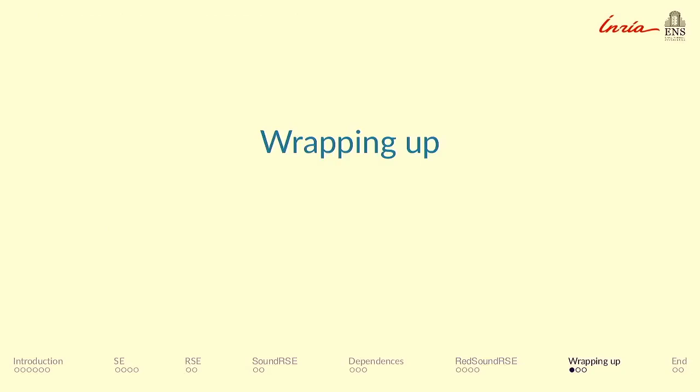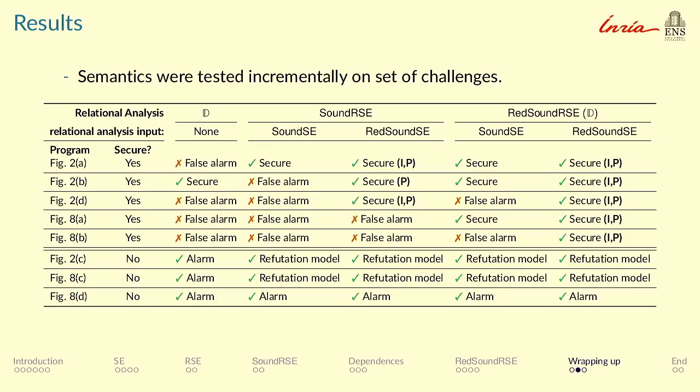So, wrapping up, in the paper we presented this table, which is a good way of showing that the analyses I've been showing you are incrementally more precise. As I said before, I skipped what we call here RedSoundRSE, so don't mind it too much. You can see that we begin in the first column with dependencies, and we can only prove one program.